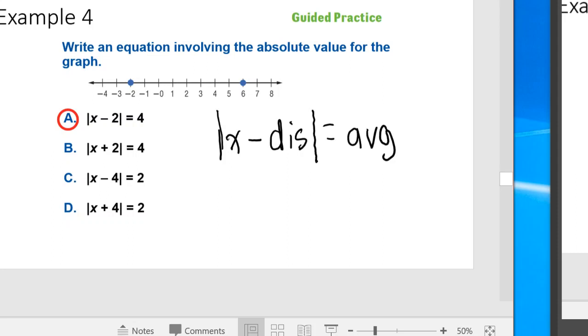I'm going to write that on a paper so you can read that as well. I think Miss Brown went over this with you, but in case she didn't: the absolute value of x minus distance is equal to the average. Does that make sense? Can you see that?